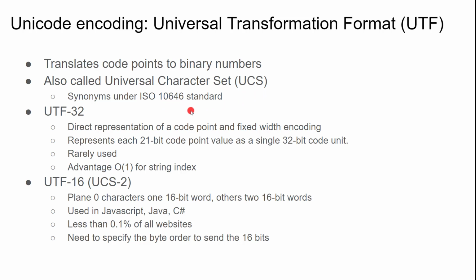The least commonly used UTF encoding is UTF-32. UTF-32 maps each 21-bit code point into a comfortable 32-bit word. This is easy and straightforward, but it means that there's 11 bits of unused space for each character. UTF-32 is rarely used because it's so space inefficient.